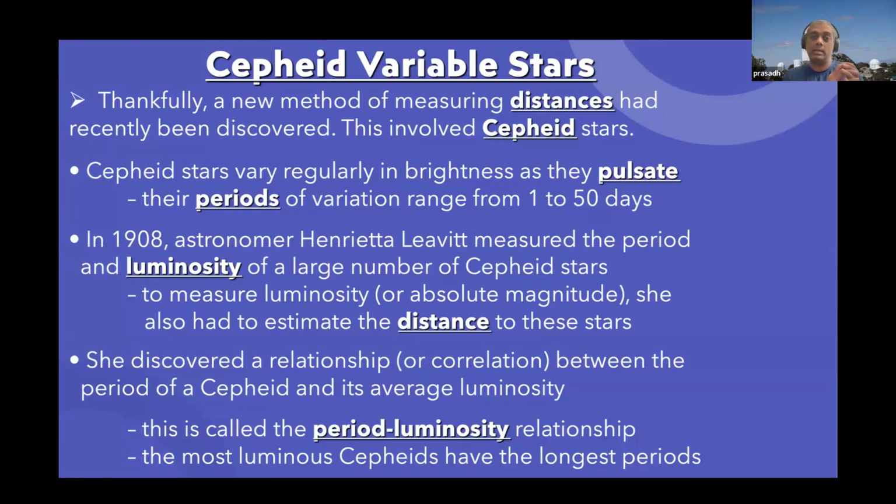And this particular astronomer, Henrietta, in 1908, found there was a very specific feature about these Cepheid variable stars, right? She was using the telescope and observing these Cepheid variable stars, measuring the luminosity of these stars and estimating the distance to these galaxies, right?